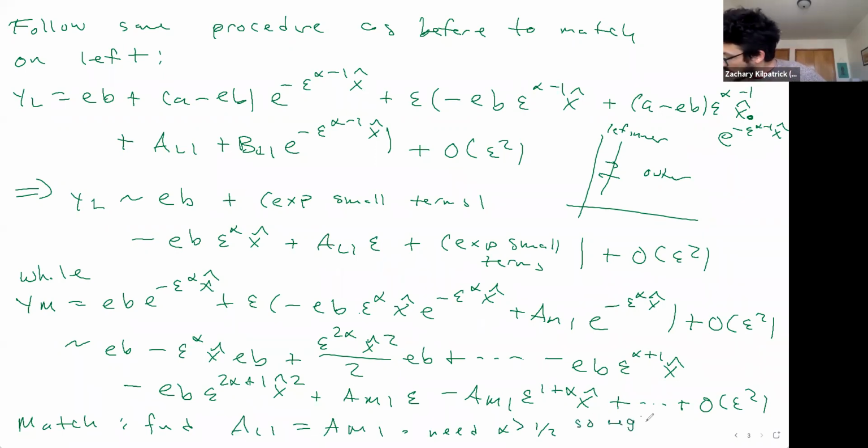So our neglected terms are smaller than epsilon, okay?